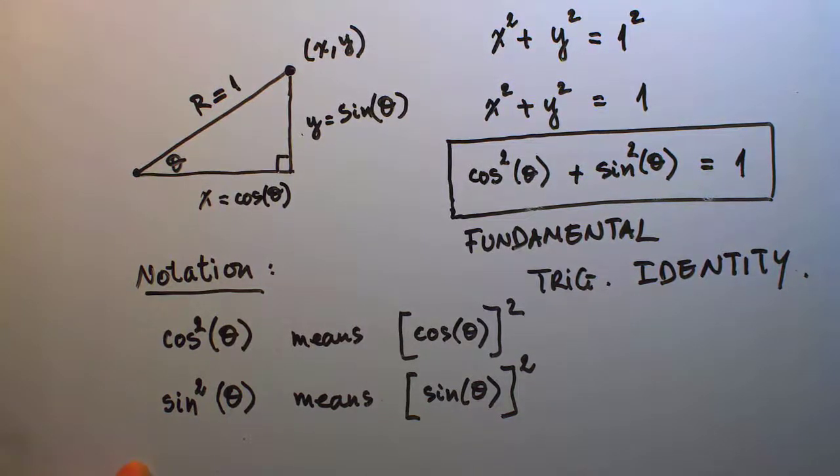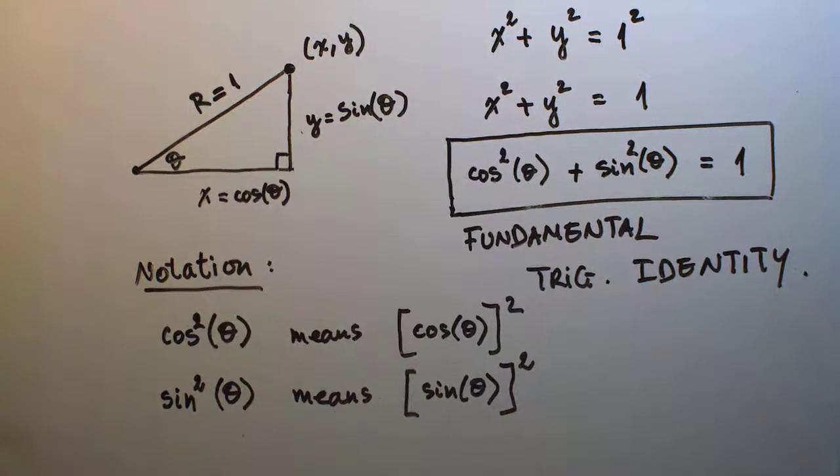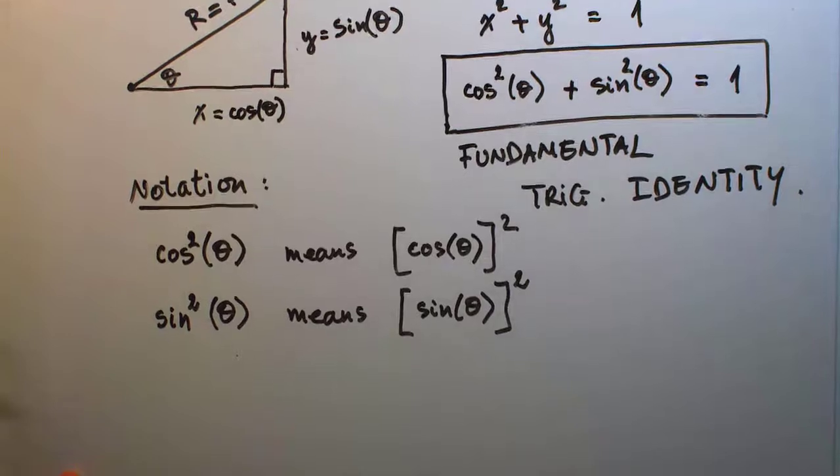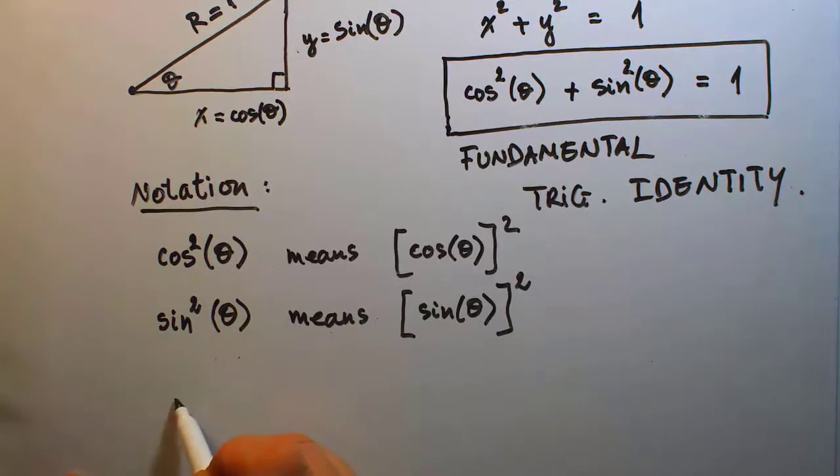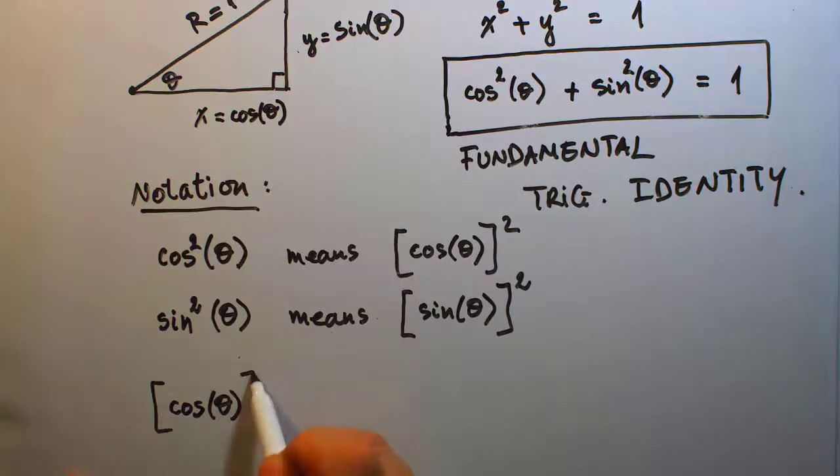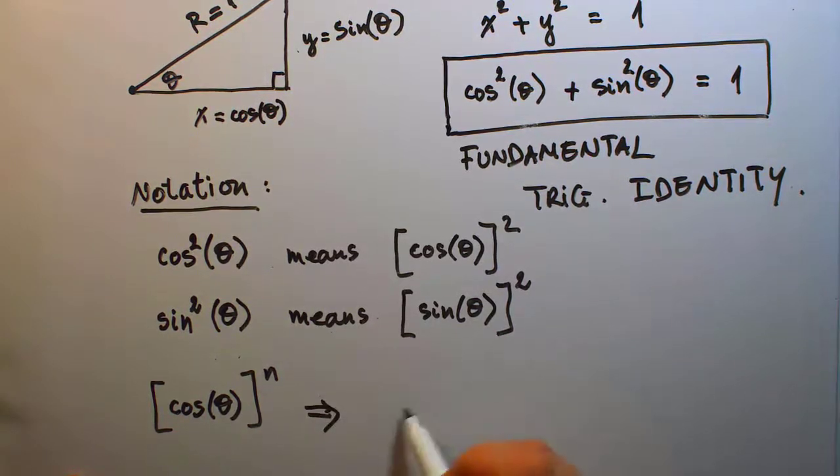And then, for the rest of our journey in trigonometry, there will be many other occasions that you're going to need to raise, let's say, a cosine value of an angle to some high power, let's say some power n. Then we use this notation. The proper notation for this is cosine to the n.